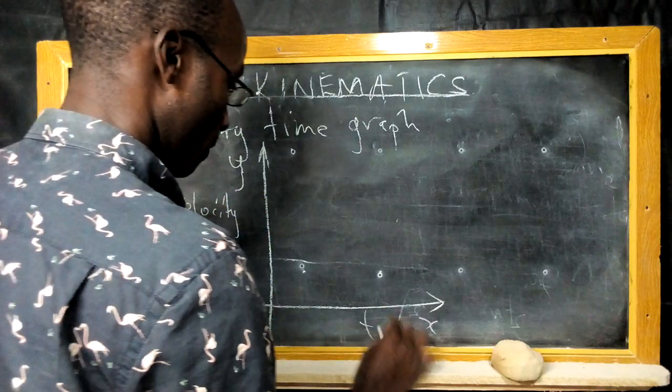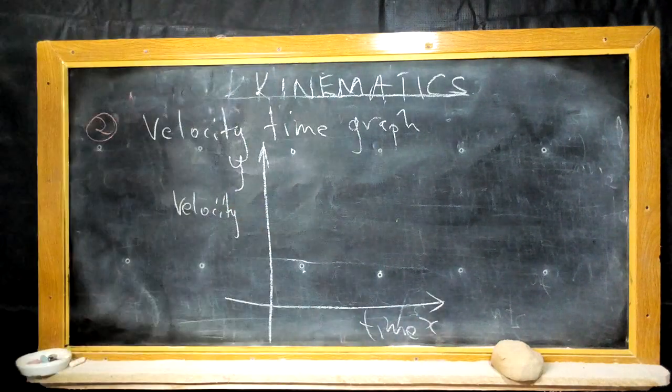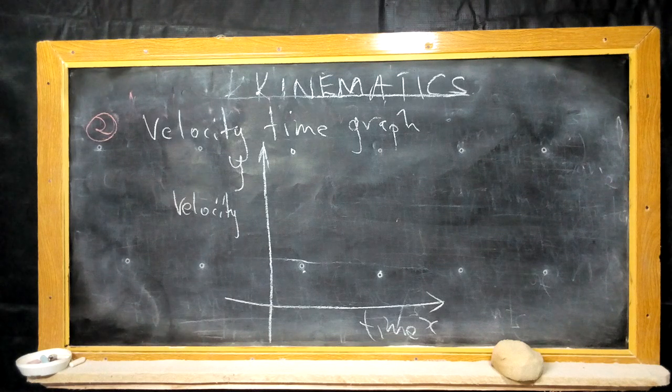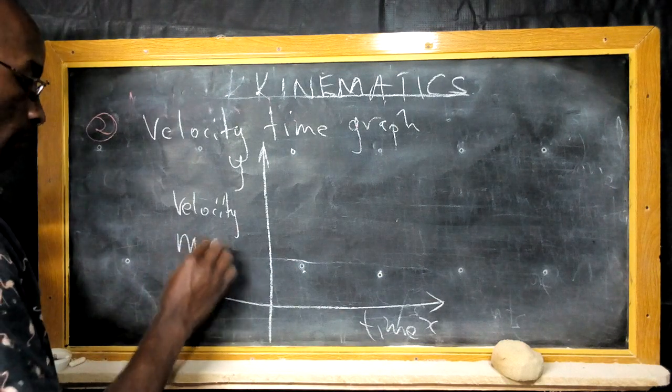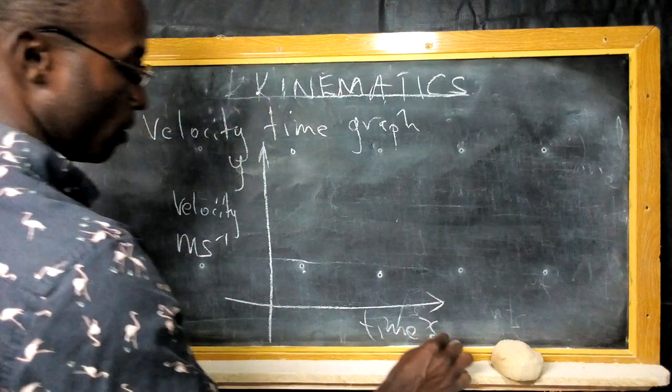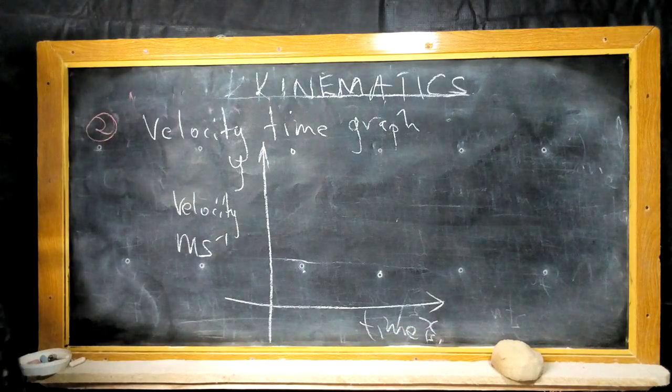This one represents the change in velocity over time, and the gradient of the velocity time graph gives acceleration, while the area under the curve gives displacement. Velocity is measured in meters per second, and time is measured in seconds.